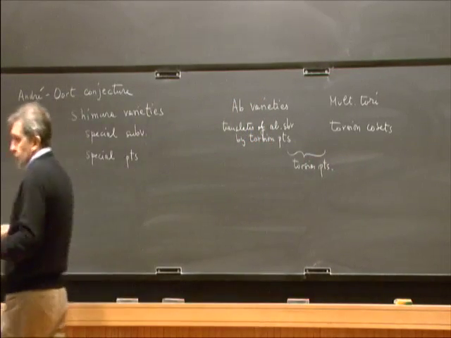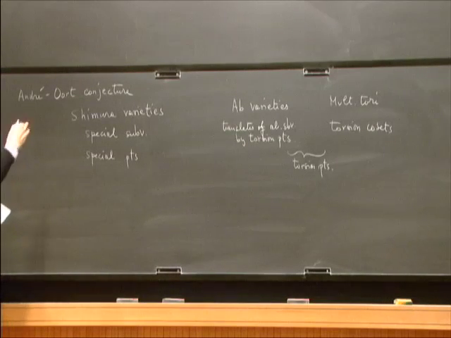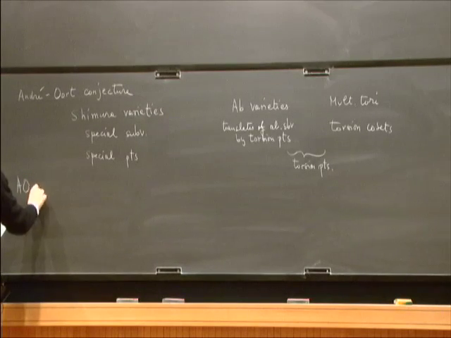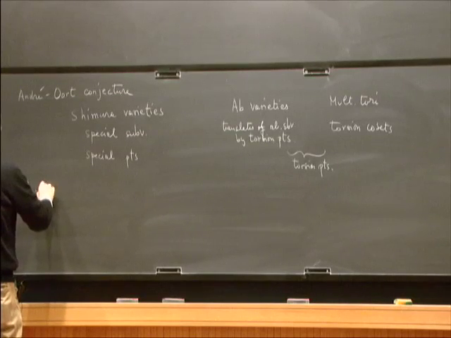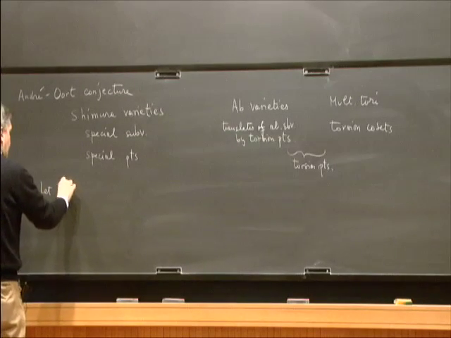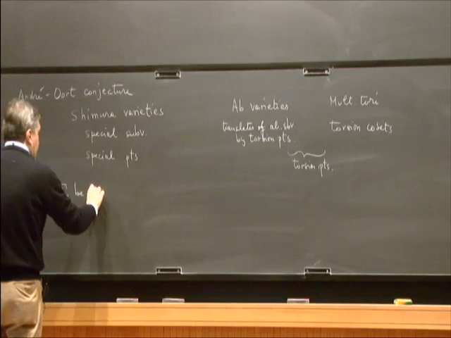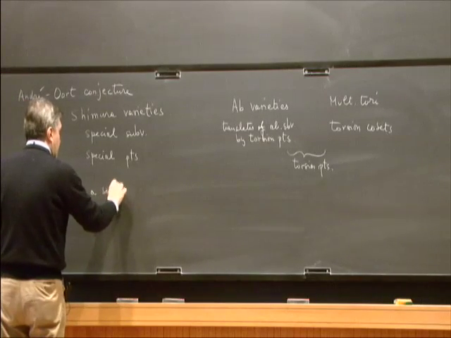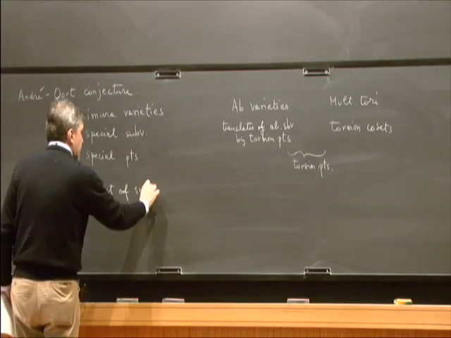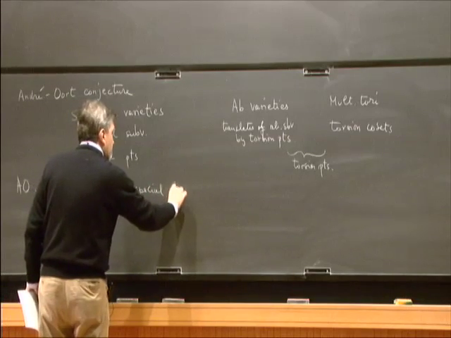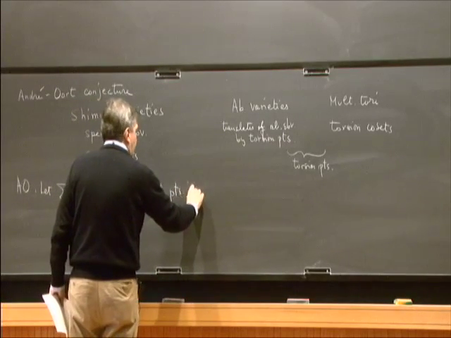So with this setting, the André-Oort conjecture may be stated in the following shape. Let sigma be a set of special points in a Shimura variety.